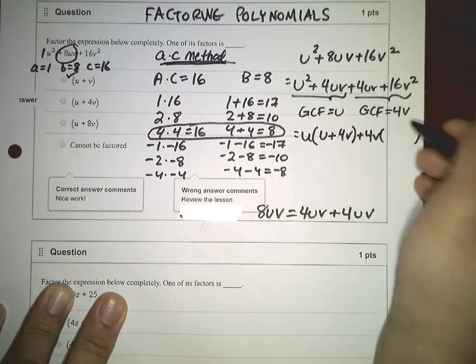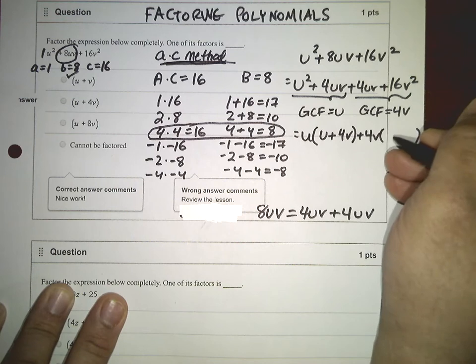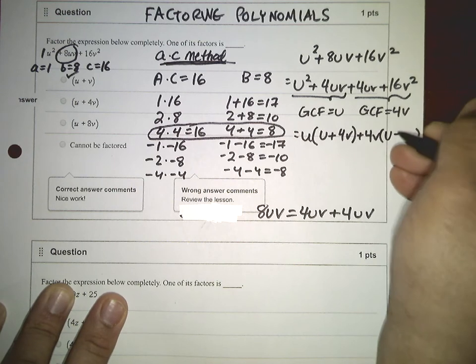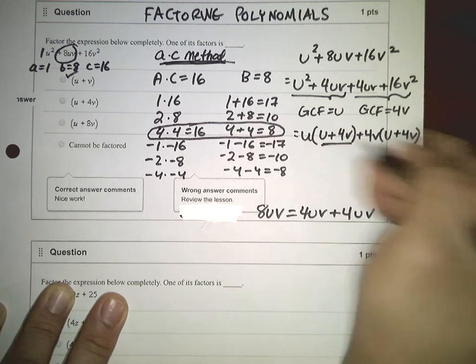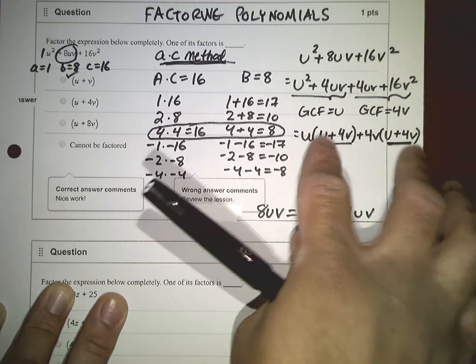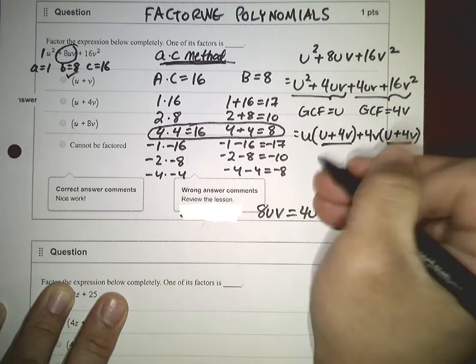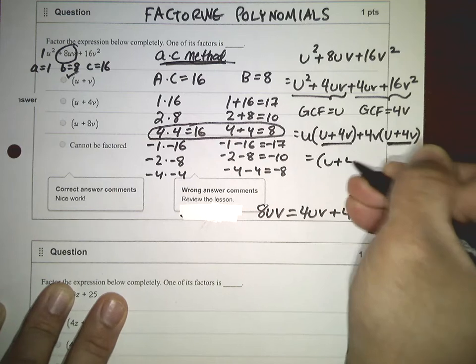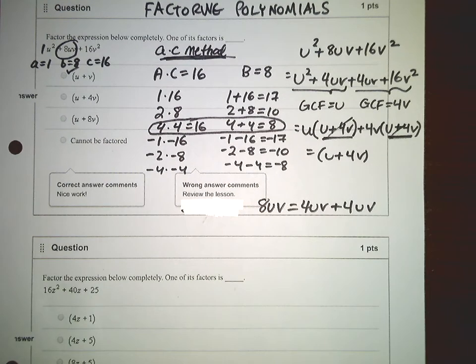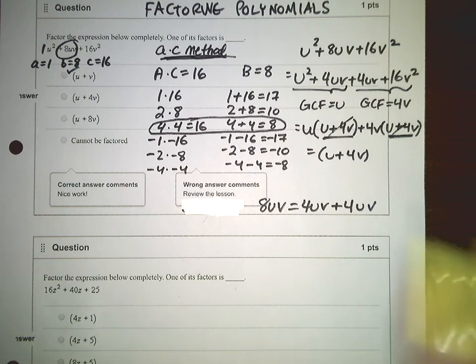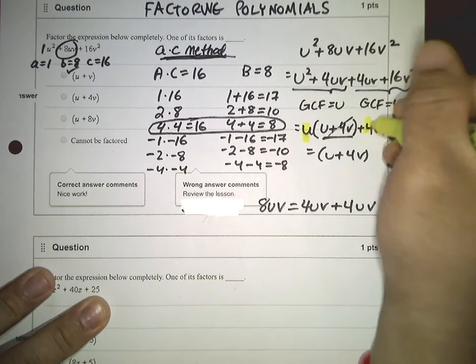If I factor out the 4v, I have u plus 4v. Then I see that both of these two terms have a u plus 4v. So I have u plus 4v times the u plus 4v.